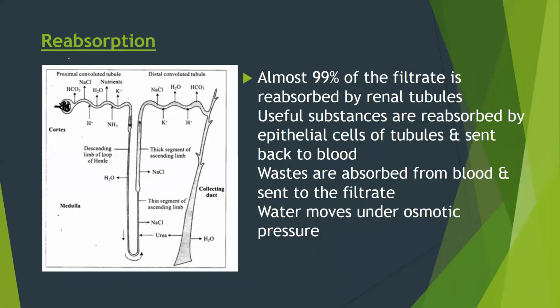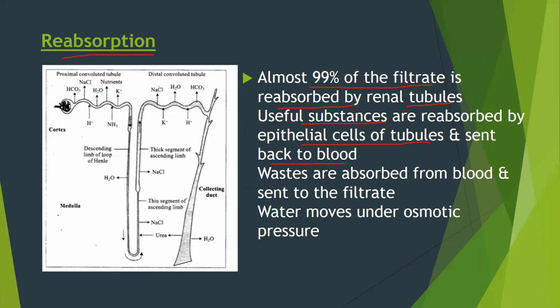The second step is reabsorption. Almost 99% of the filtrate is reabsorbed by the renal tubules, because it contains a large amount of useful substances. These are reabsorbed by the epithelial cells of the tubules and sent back to the blood.